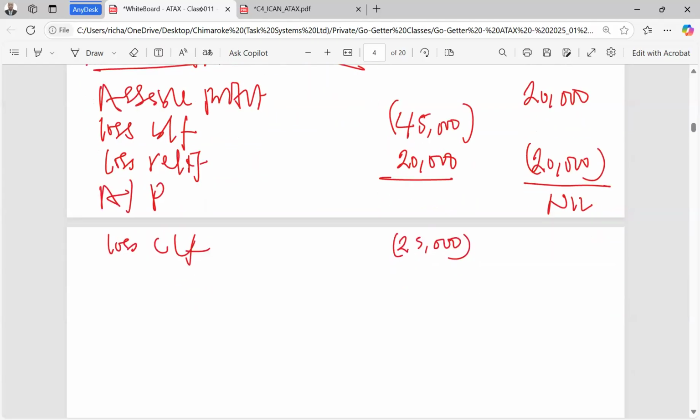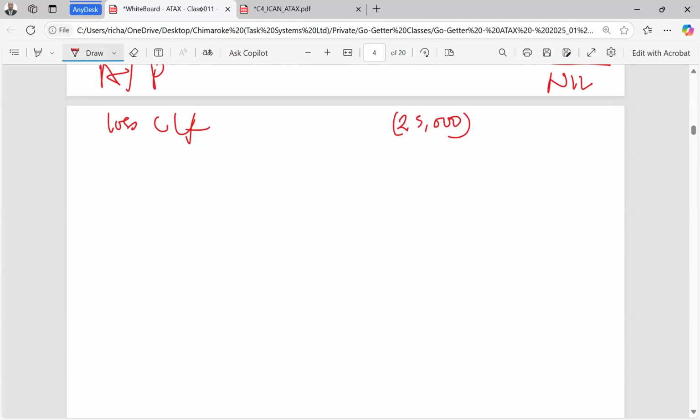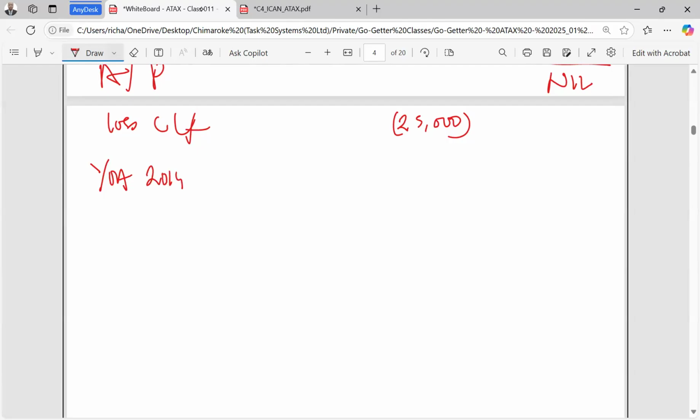So we are going to go to 2014. Year of assessment 2014 is going to be from January 1, 2013 to 31st December 2013. Preceding year basis in action here. So let's look for an account ending in 31st December 2013.